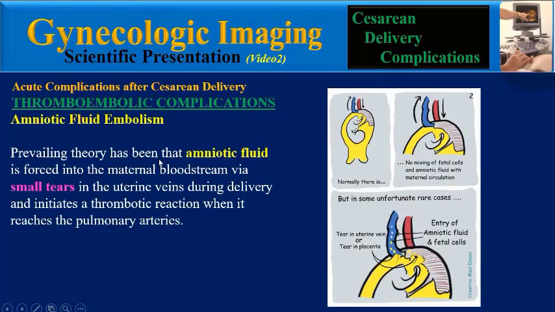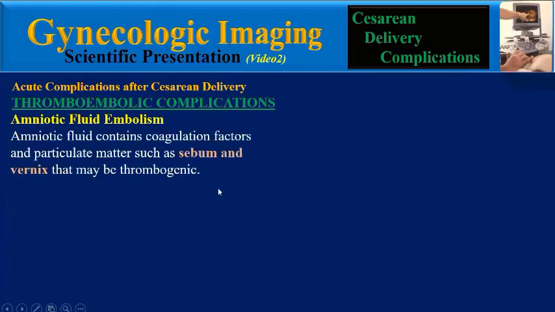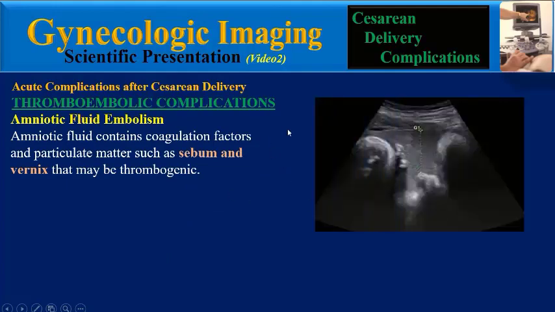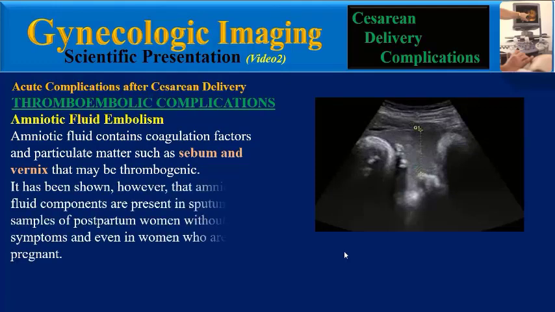The prevailing theory has been that amniotic fluid is forced into the maternal bloodstream via small tears in the uterine veins during delivery and initiates a thrombotic reaction when it reaches the pulmonary arteries. Amniotic fluid contains coagulation factors and particulate matter such as sebum and vernix that may be thrombogenic.